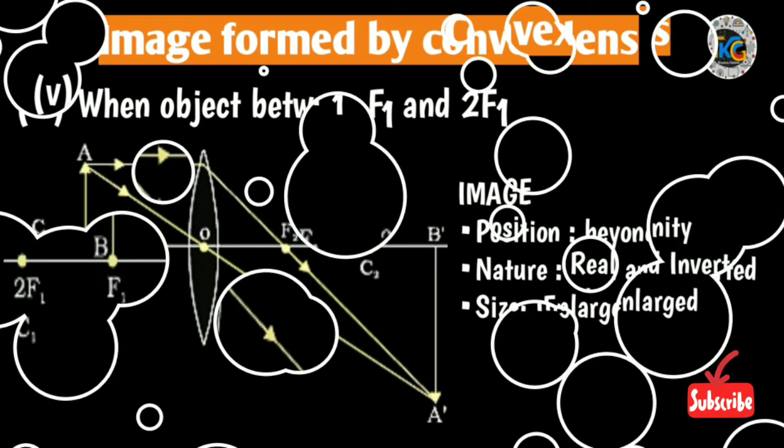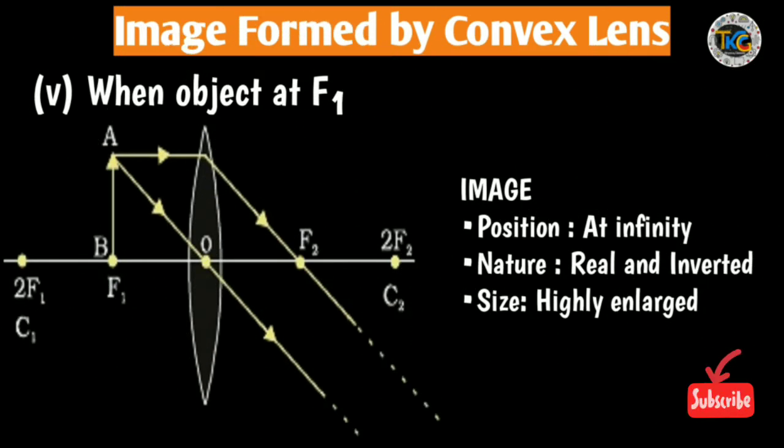Now case number 5, that is when the object is placed at f1, where will the image be formed? So when the object is placed at f1, condition same, one ray parallel to the principal axis passes through the focus point, and another ray passes through the optical center with no deviation.